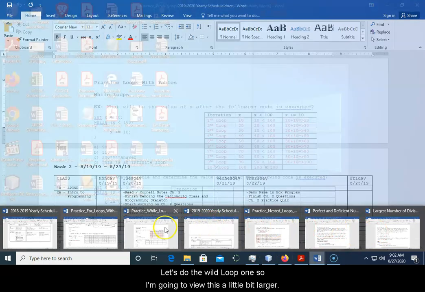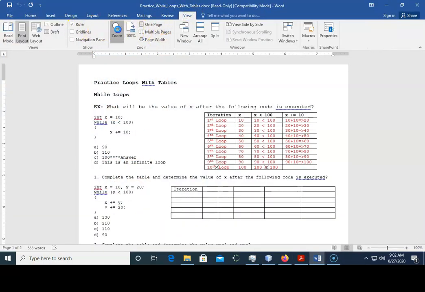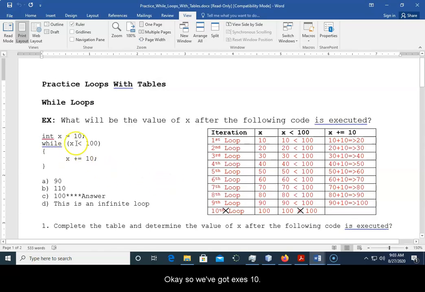Let's do the while loop one. So I'm going to view this a little bit larger. Okay, so we've got x is 10. 10 is less than 100. X is 10, so 10 plus 10 is 20.